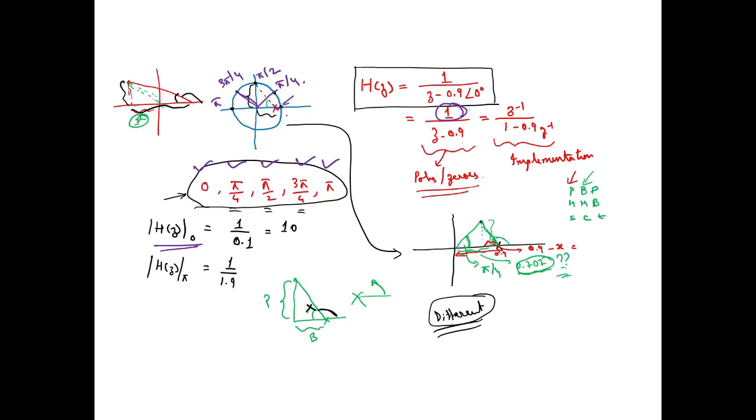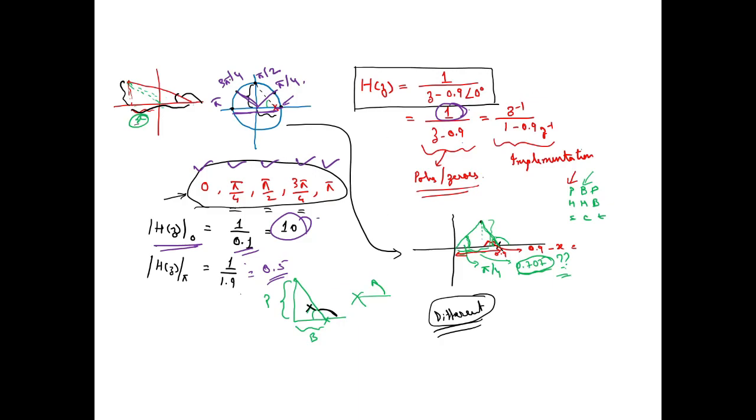The radius is 1, so 1 minus 0.9 is 0.1, so it comes out to be 10 at 0. The amplitude value is 10. And similarly, at pi, this is 1, this is 0.9, so 1 by 0.9, I think it is somewhere around 0.5, approximately 0.5, right? So we get 0.5.